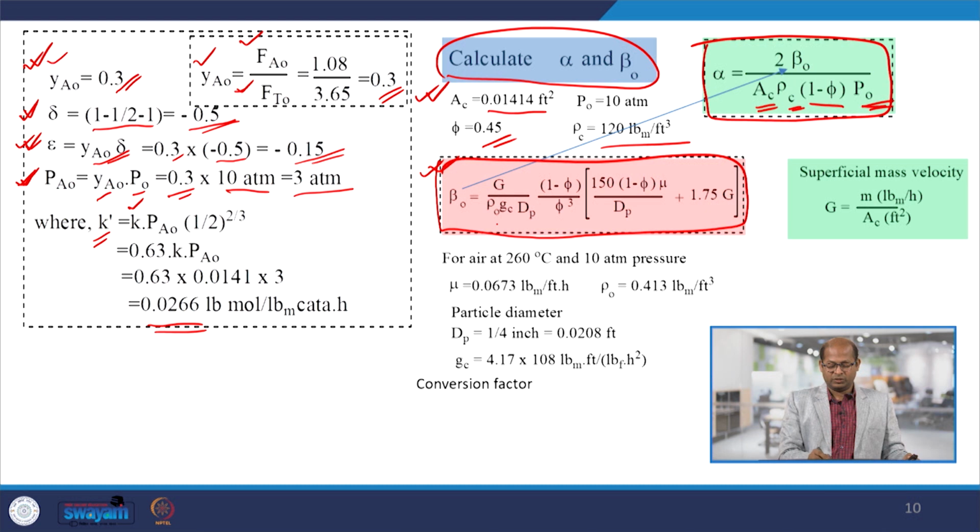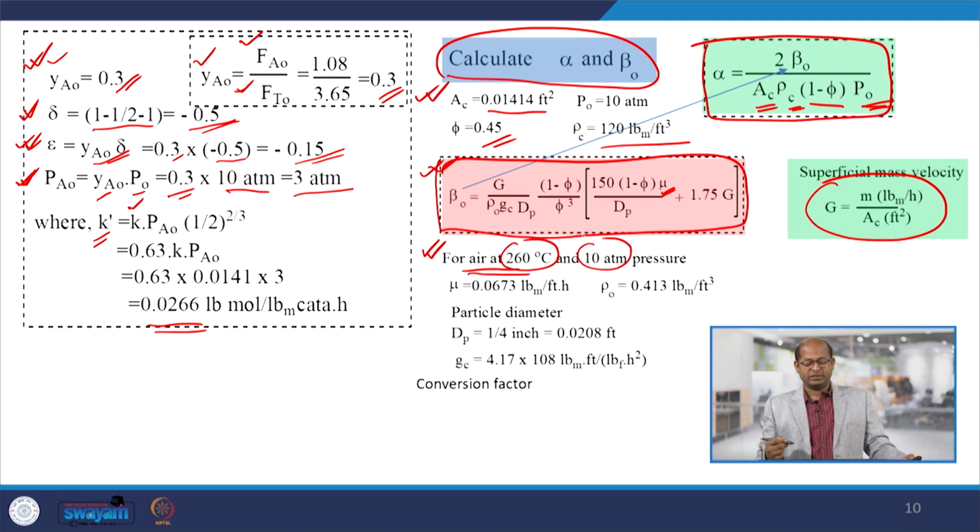Almost all components in beta 0 are given. Here G is the superficial mass velocity that you have to calculate, which equals the mass flow rate per unit cross-sectional area. Except for that, the viscosity is needed: we consider air as the gas passing at a temperature of 60 degrees centigrade and at 10 atm entering. The viscosity of air at this temperature and pressure you have to collect, or it is given for this problem.